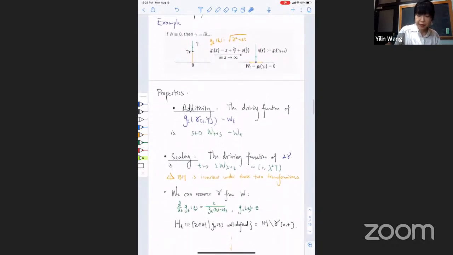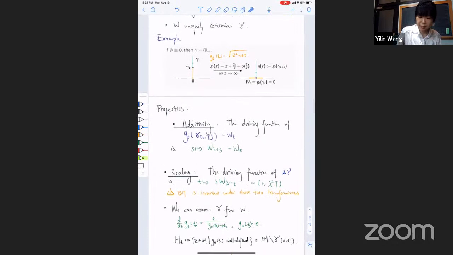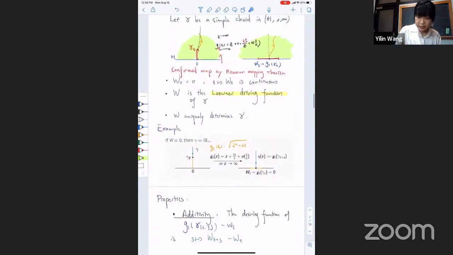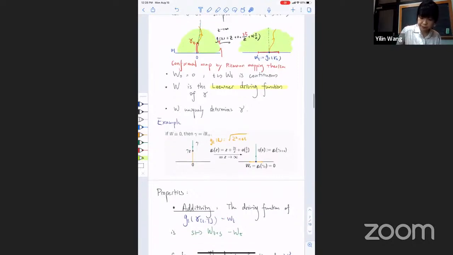All right, some properties of this transform. The first is additivity. So if you look at the curve, if I fix t, I map out by g_t. I look at this orange curve remainder here, now starting from W_t and going to infinity. And if I translate back by W_t, I get another curve starting from 0.